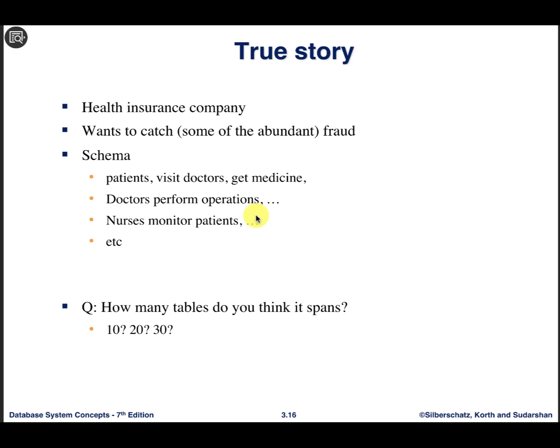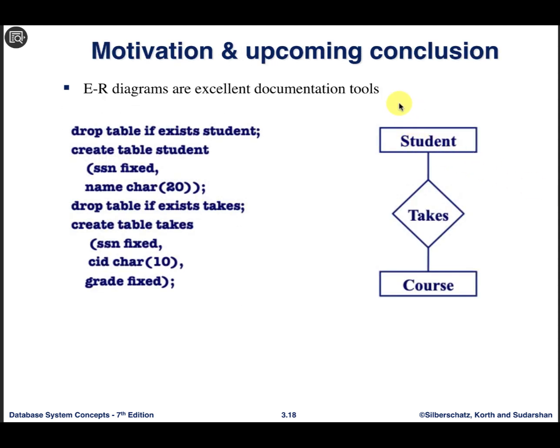If there are 10 or 20, it's easy to say, give me the schema, it's easy to understand what's going on. But in this case, this one is going to span around 120 pages. Oh my gosh, 120 pages just to understand the schema of the system. It's painful. So we believe that if we inherit the ER diagram, it's going to be an excellent documentation tool and give me an idea what's going on.